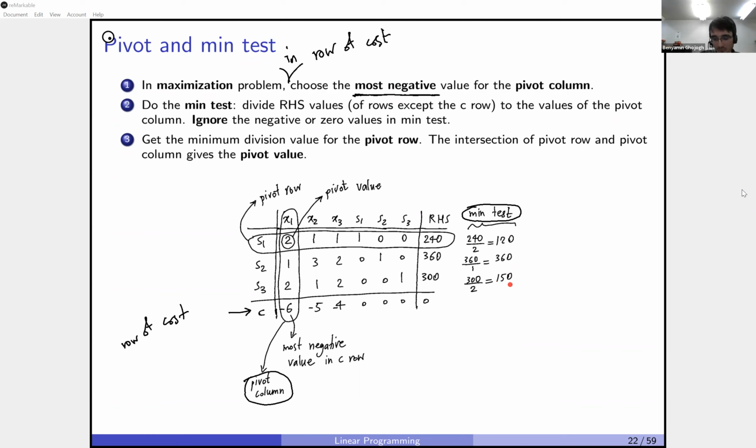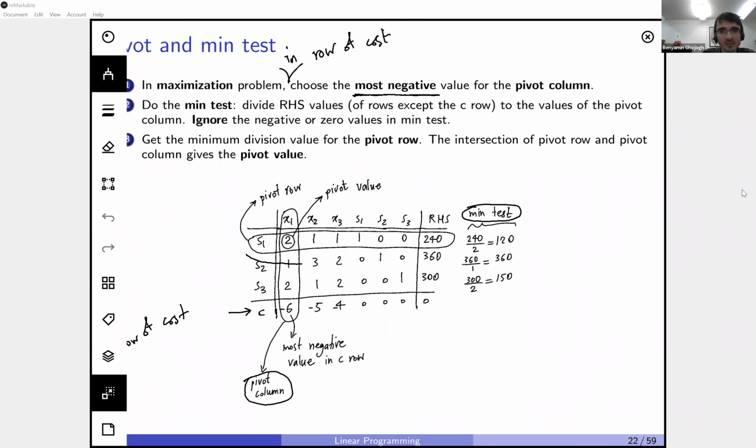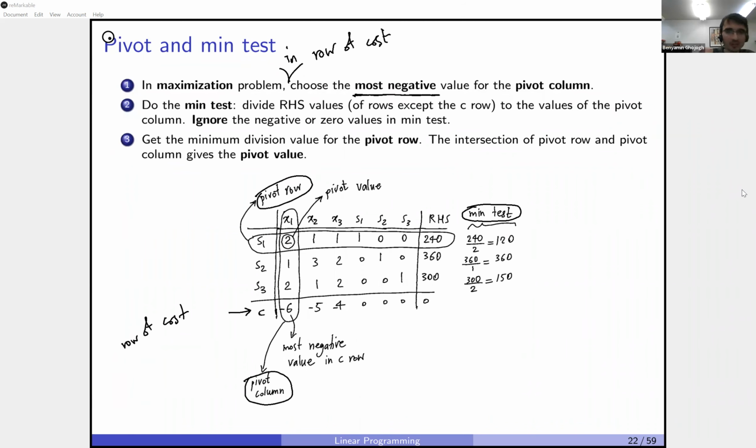Take the minimum among them, which is 120. We draw a line around it, and this is the pivot row. The intersection of pivot row and pivot column gives us the pivot value.